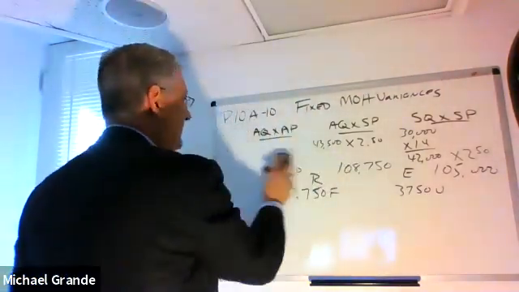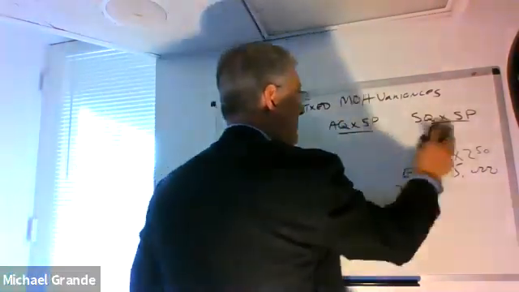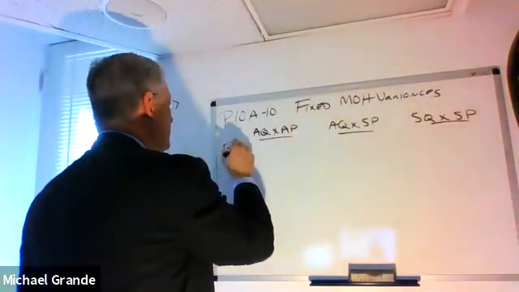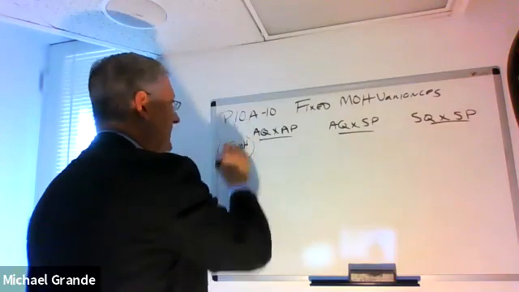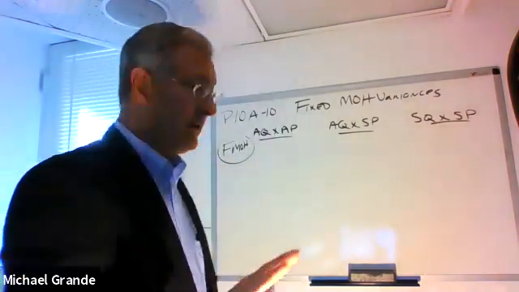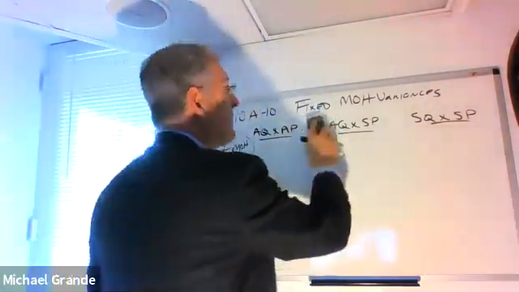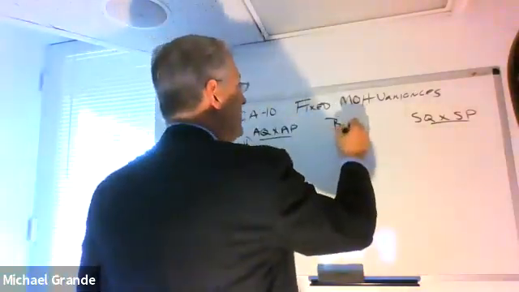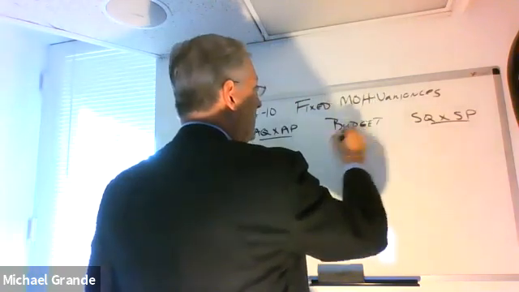Now let's look at my fixed manufacturing overhead. What's crucially important here to remember is this middle number is not AQ times SP. This is simply the budget.